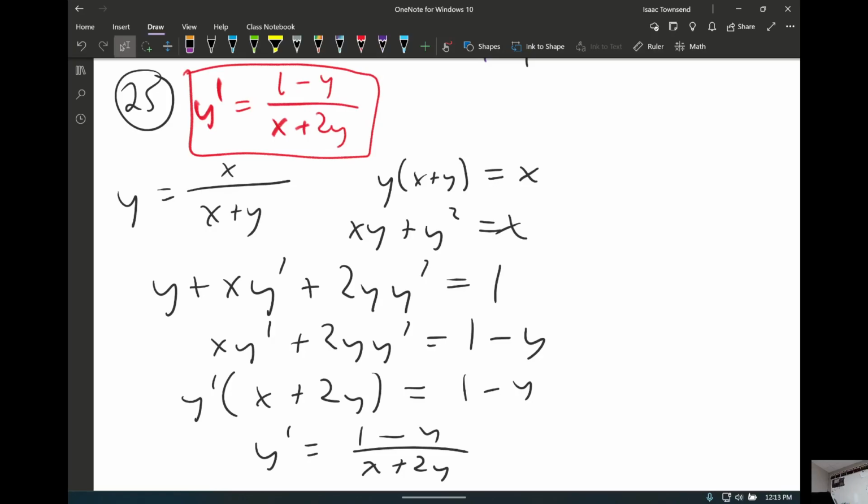One of these is supposed to be squared. I think it might be this. Okay, I was wrong. 25 could be that as an answer or the one that's listed. Just kind of depends on which way you choose to work it.